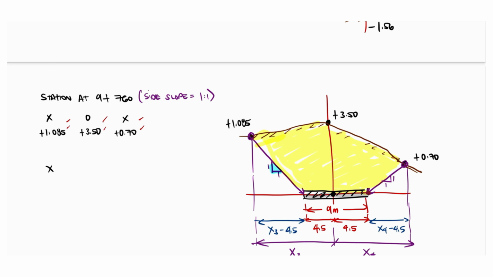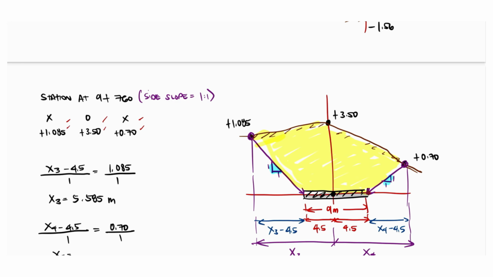For the left horizontal distance, the equation will be (x3 minus 4.5) over 1 is equal to 1.085 over 1. We obtain x3 as 5.585 meters. For the right horizontal distance, the equation will be (x4 minus 4.5) over 1 is equal to 0.70 over 1. We obtain x4 as 5.20 meters.